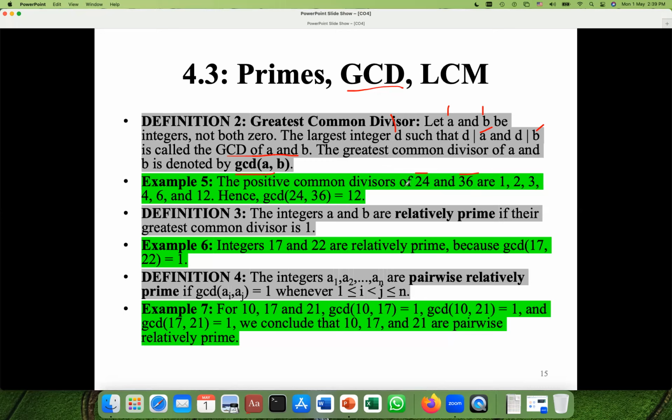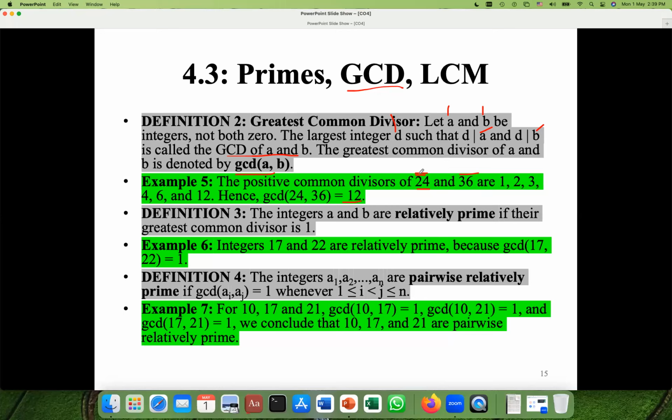Otherwise, you can take the smallest number, 24, as a shortcut. Make it half and then you will reach that point. Most of the time it will give you the result, but this is not always accurate.